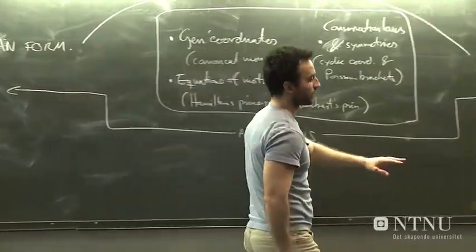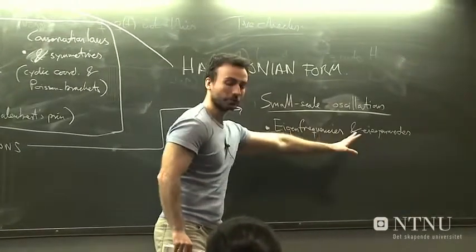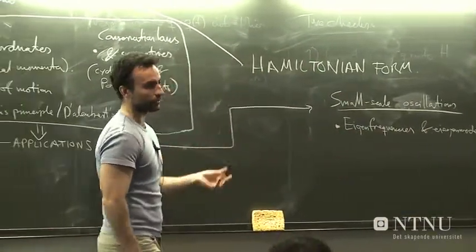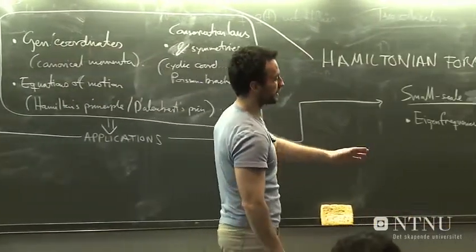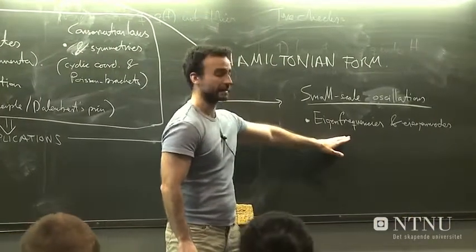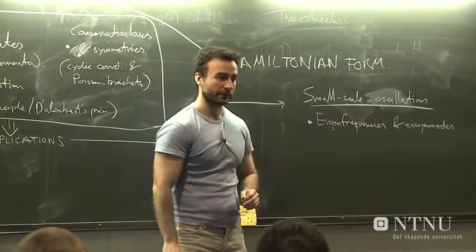And two important concepts here were eigenfrequencies and eigenmodes. So we saw that the general solution for this type of system would consist of a linear superposition of these eigenmodes with belonging eigenfrequencies.